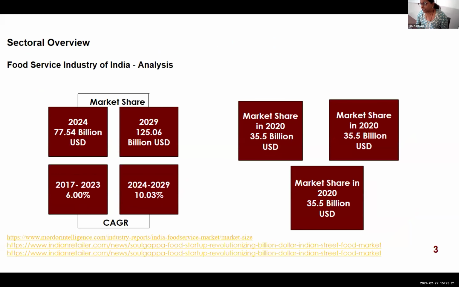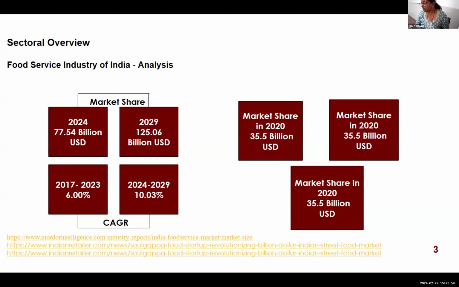Regarding the sectoral contribution of street food, as per the report generated by Mordor Intelligence, the market size in 2024 stands at 77.54 billion USD, expected to grow to 125.06 billion by 2029, at a CAGR of 10.03.